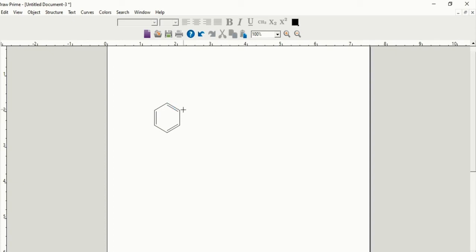To the benzene structure, I am going to convert it first to a benzoic acid.